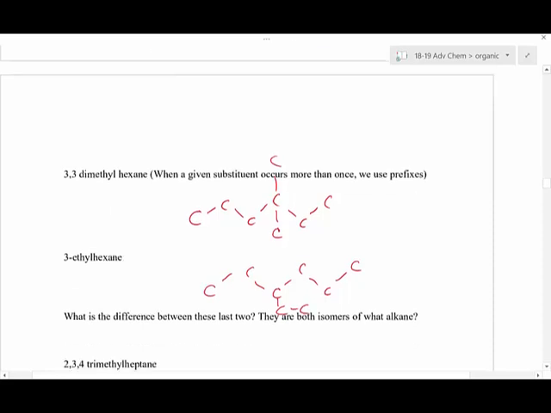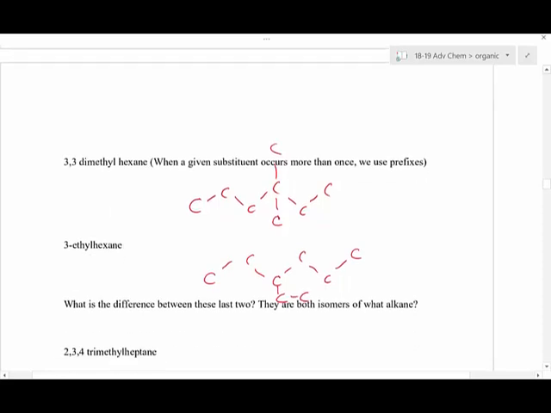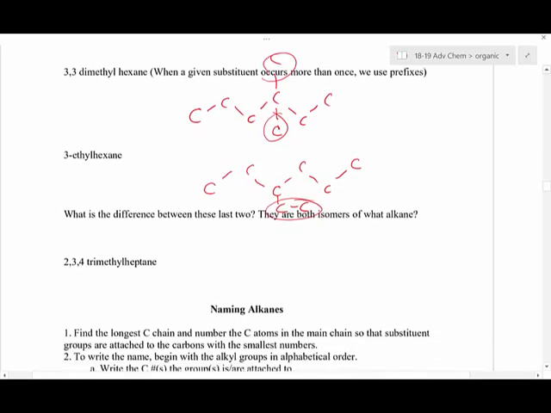There's my ethyl. So the ethyl is a single 2-carbon attachment. The dimethyl is 2 1-carbon attachments. So the difference between the last two is there's both with total of 8 carbons, an octane isomer, and the carbons are just arranged differently, so they are structural isomers.